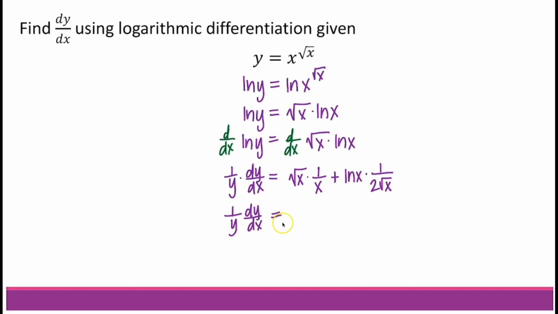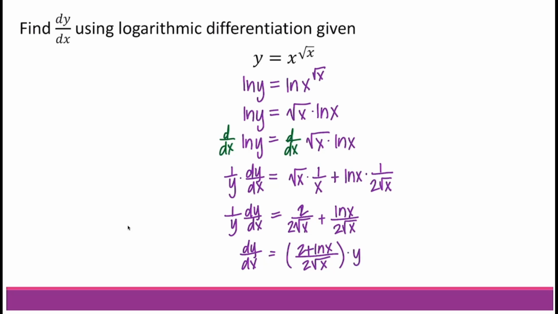So now we have 1 over y dy dx is equal to, if I simplify, 1 over rad x plus natural log x over 2 rad x. I can make them have common denominators, so we'll make that a 2 and that a 2. And so we'll multiply both sides by y. So we have dy dx is equal to 2 plus natural log x in the numerator, over 2 times the square root of x in the denominator, times y.